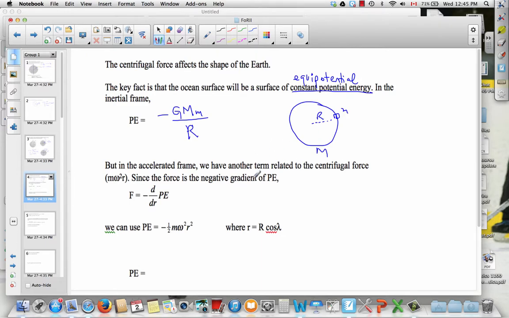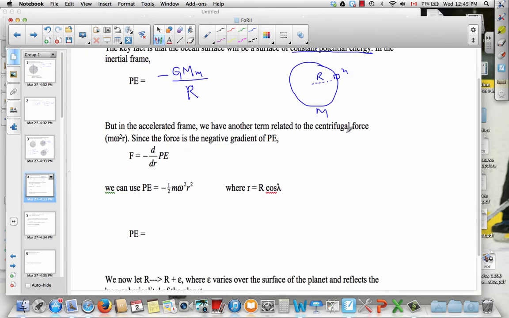Now, because we're in a rotating coordinate system on the surface of the Earth, there is a centrifugal effect. There is a centrifugal force, m omega squared r, and we want to come up with a related potential energy for that. Well, we know that the force is the gradient of the potential energy, the negative derivative of potential energy. So when we differentiate potential energy, we've got to get this force.